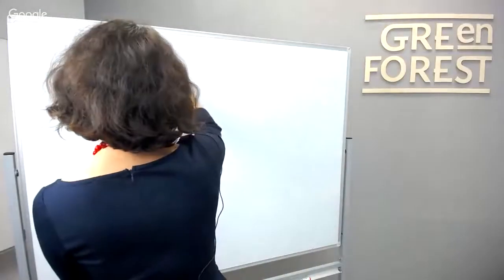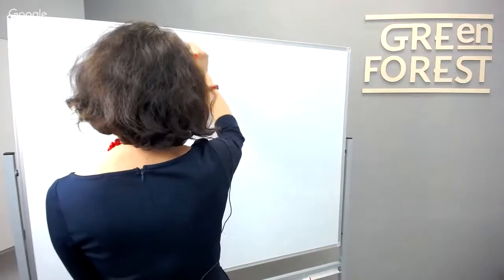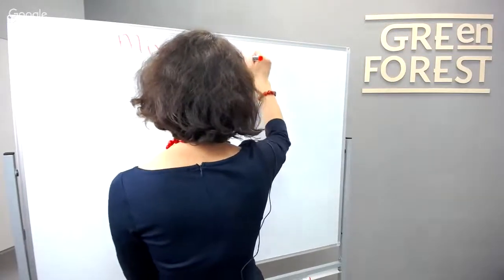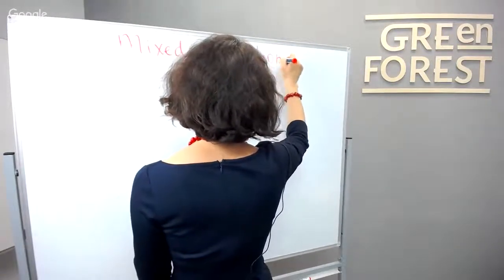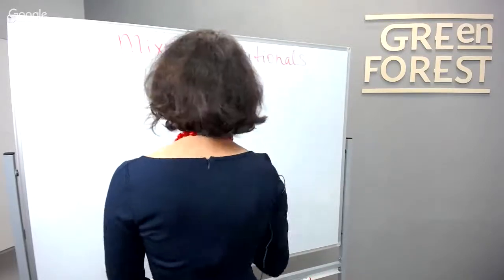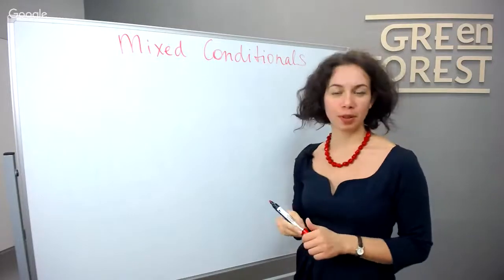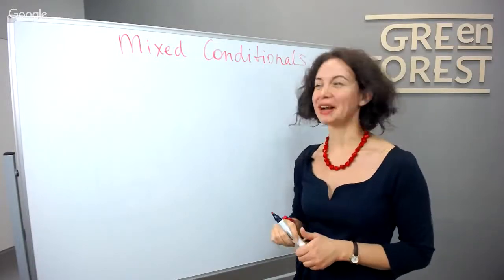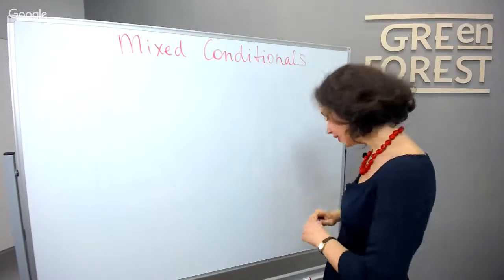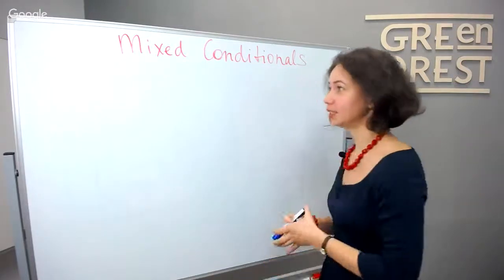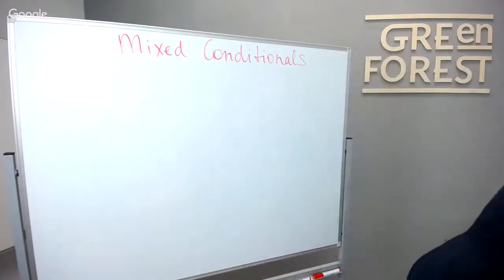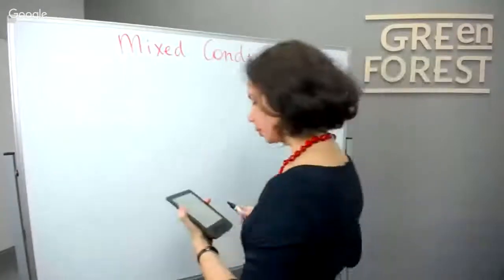So the topic is mixed conditionals. And actually, I call this topic, like in the old Soviet Union, 3+2 or 2+3. This is how it works. Let's look at the example, then we will analyze it and you will see how it's working. We will take the first example.